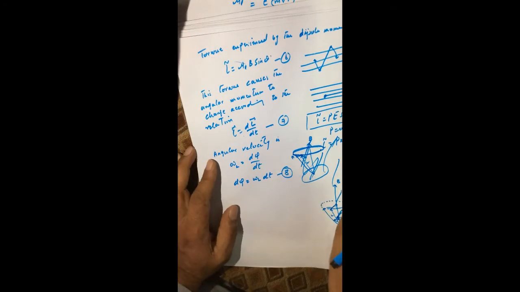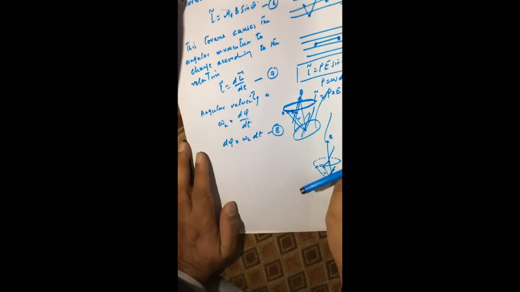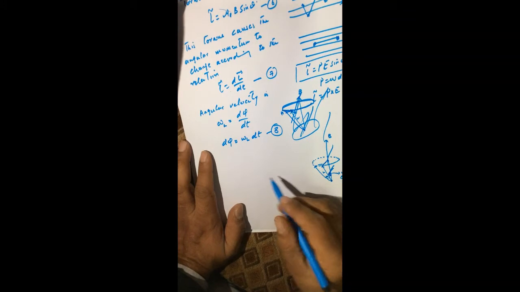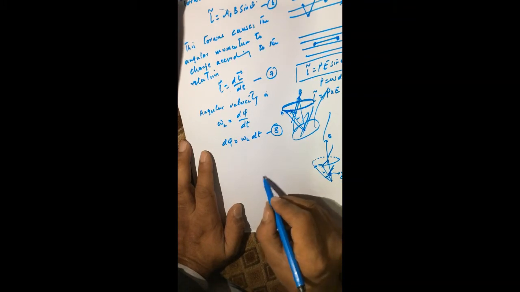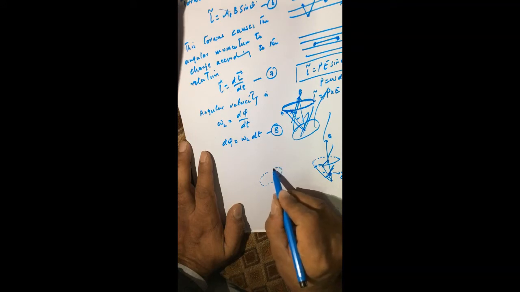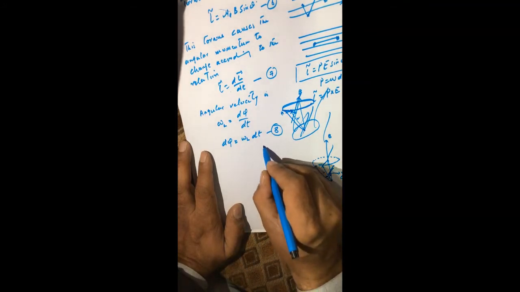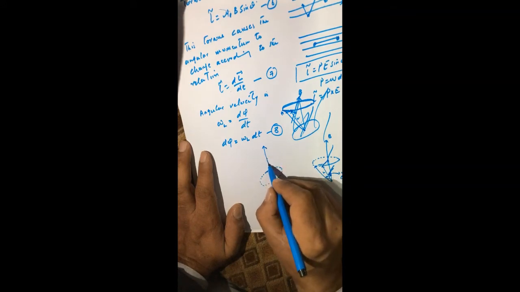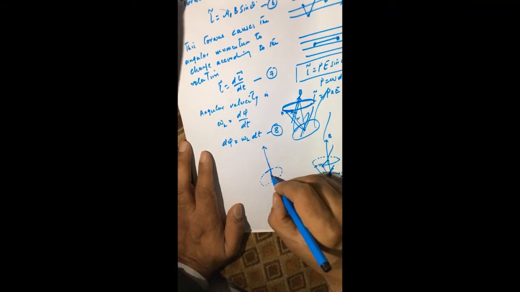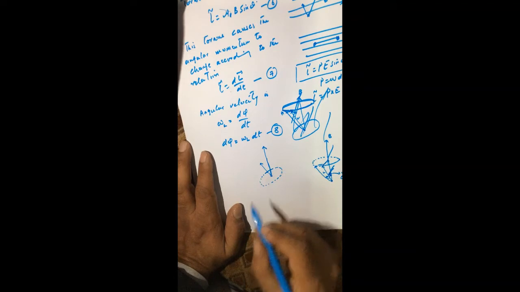Now I will plot that figure again, the precession figure. Suppose we have an electron which is moving in this elliptical orbit, and here we have the external magnetic field B, and the orbital angular momentum vector direction is this one.